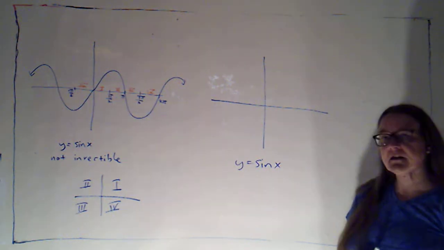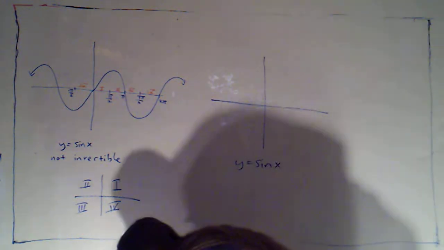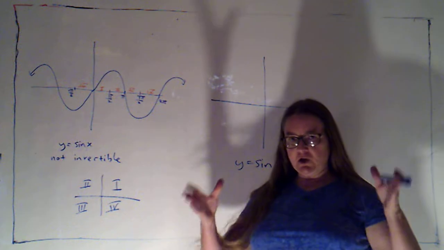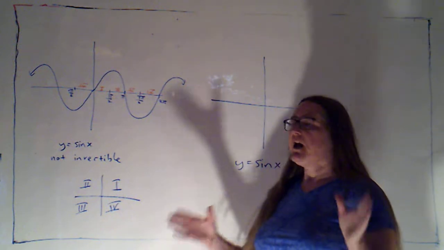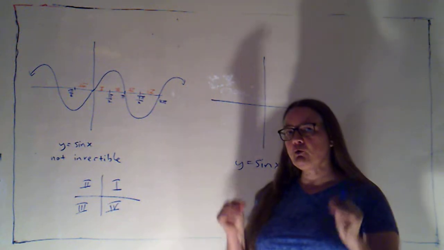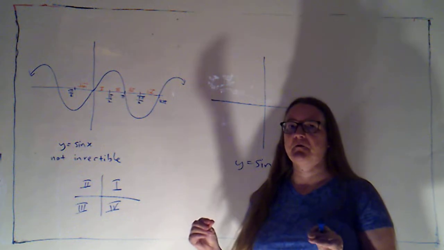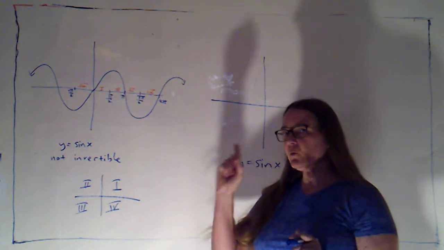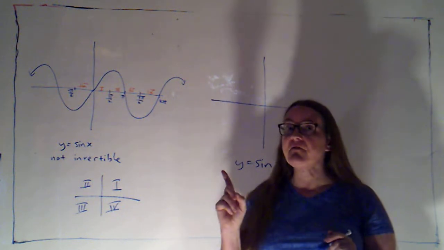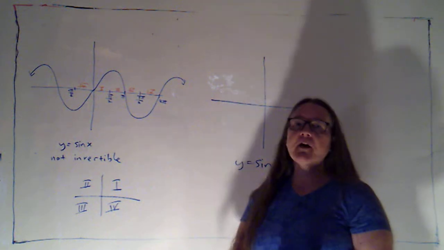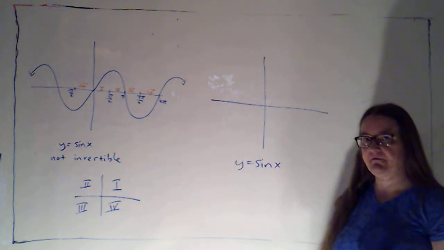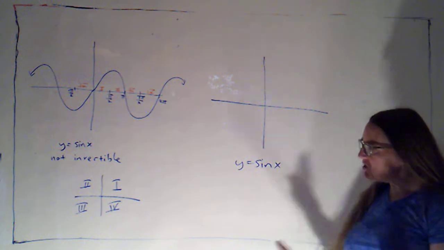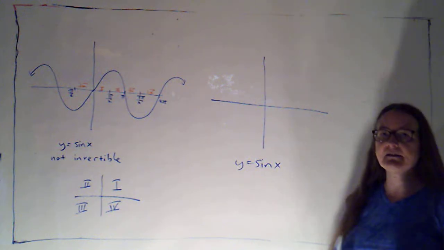So as I restrict the domain, what I want to do is pick an interval of x values that corresponds to 2 quadrants worth of angles. One quadrant where sine takes on its positive values, and one quadrant where sine takes on its negative values. Now, as I do that, I'm going to be strategically lazy.